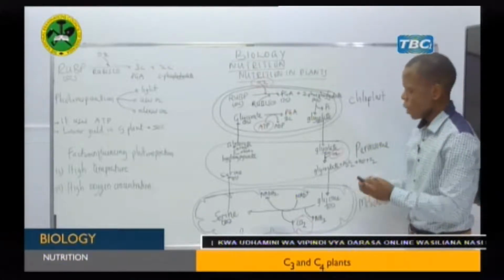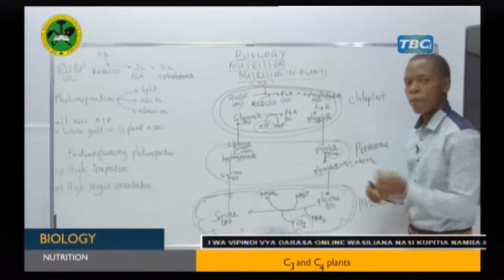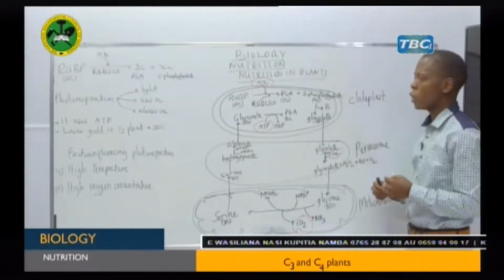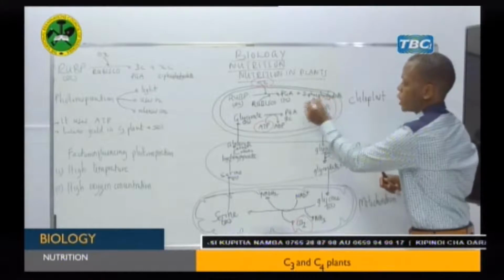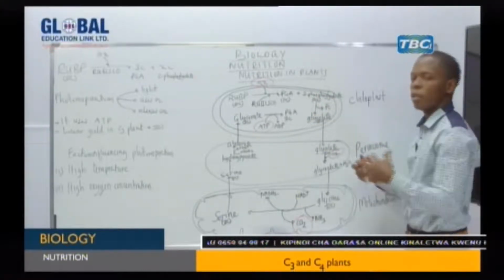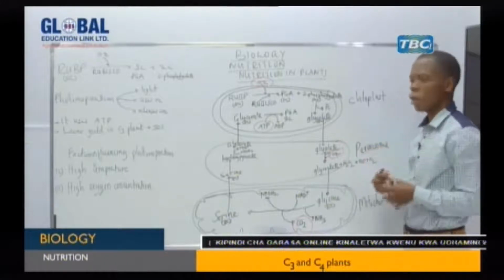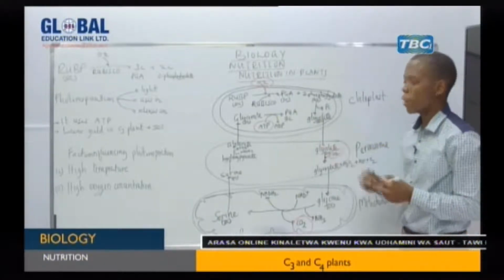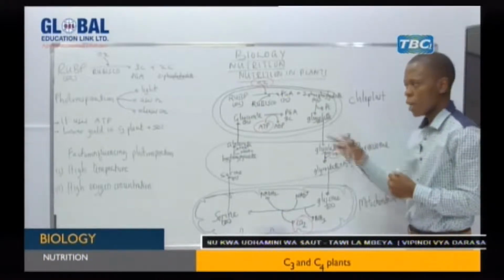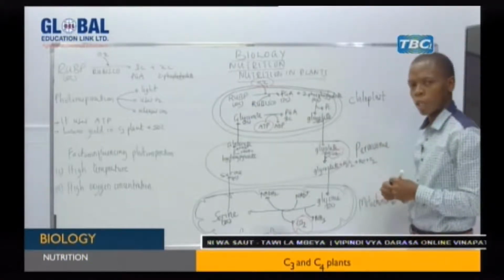And that is why we say photorespiration lowers the yield of C3 plants, because instead of this 2-carbon compound entering into the Calvin cycle, it is exchanged between different organelles, and finally it is converted into PGA. This is photorespiration.